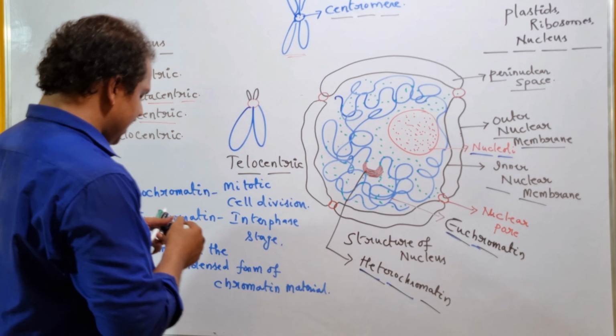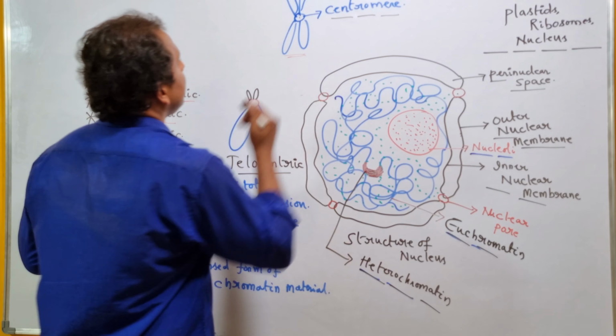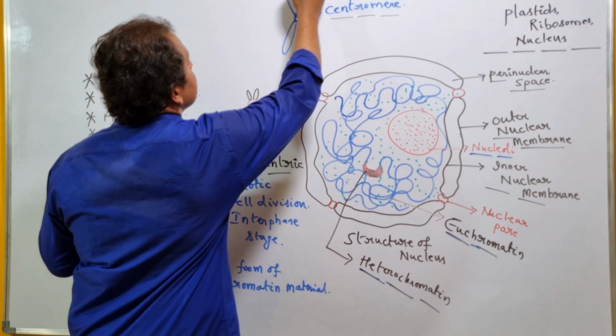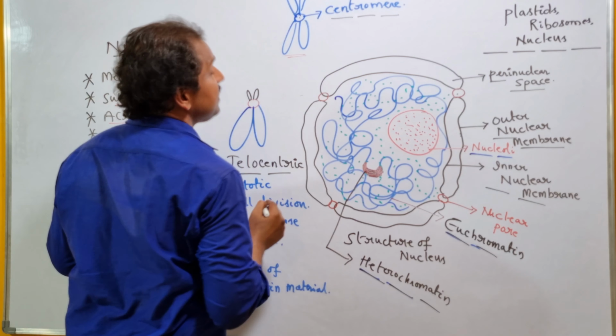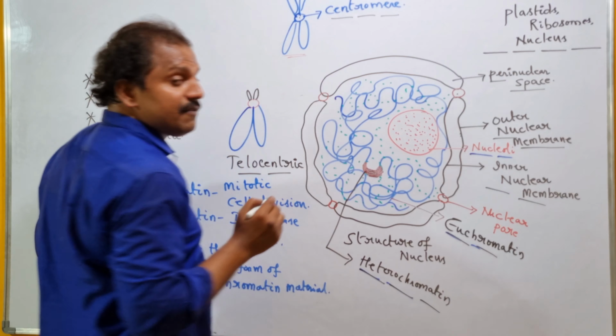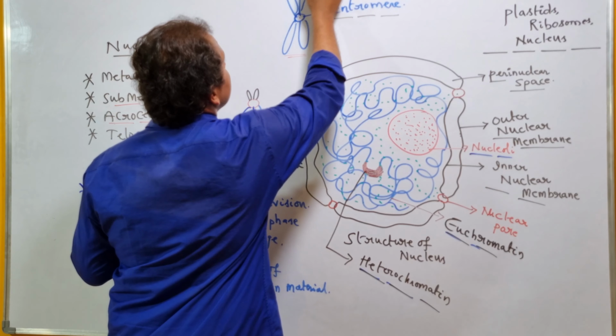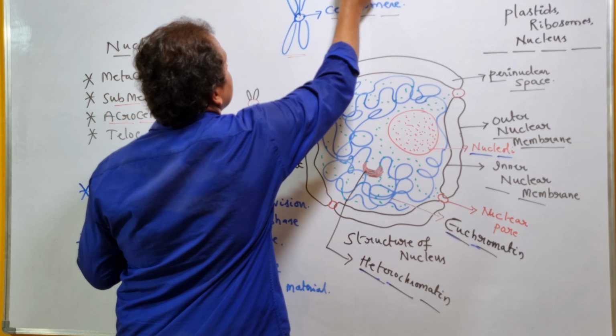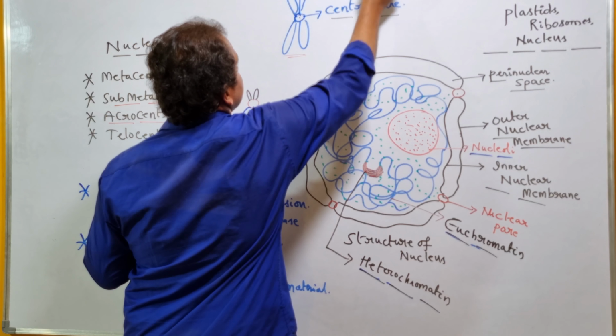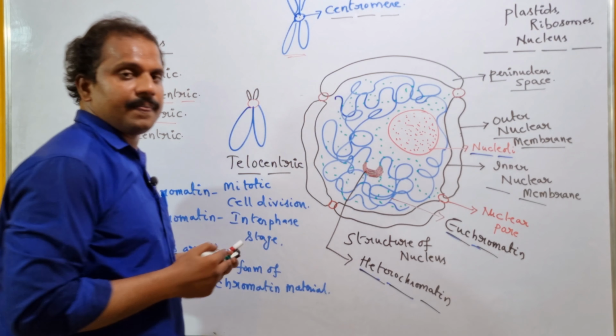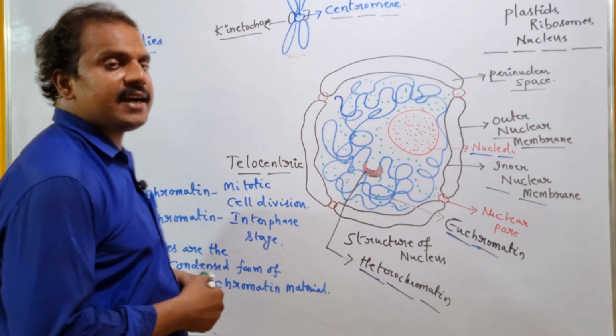Occasionally, in case of few chromosomes, we can observe a specialized secondary constriction or satellite which is not visualized under staining procedures. Secondary constriction, or in other terms we can consider it as satellite. Is it clear?